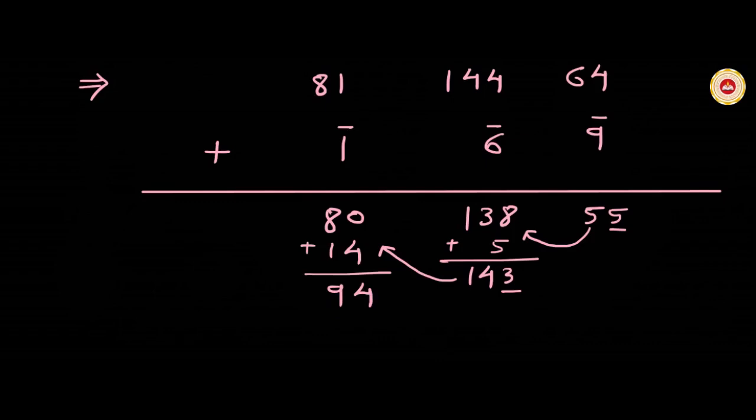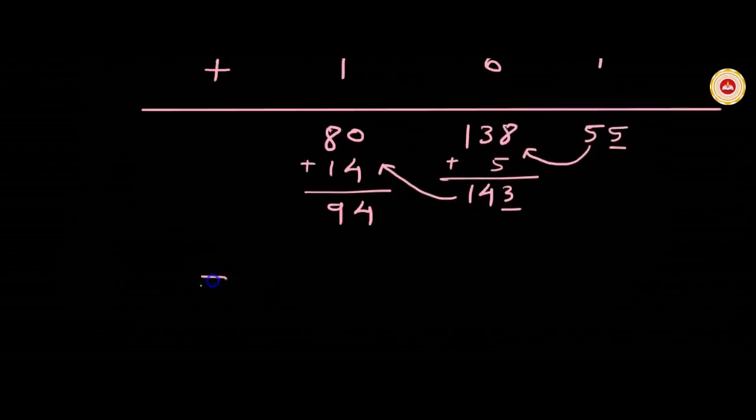So we have passed extra digits in these parts. So write the final answer. Write the leftmost part as it is, 94, because the leftmost part may contain more than one digit. Now neglect this 14, we have already passed it here. Write the retained digit, which is 3.